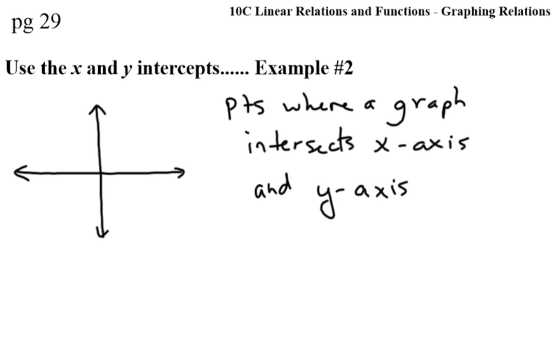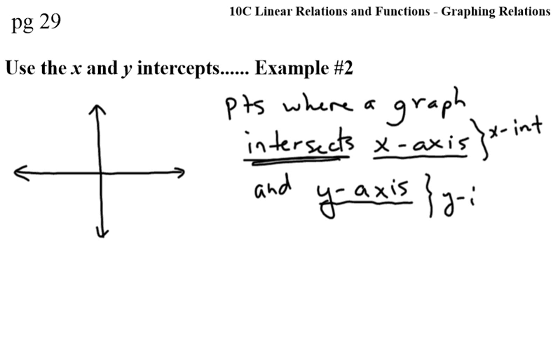That's what intercepts are. Where do we intersect the x-axis? That would be the x-intercept. Where do we intersect the y-axis? That would be the y-intercept. So if I had some graph on here, a linear function I created, there's your x-intercept, because that's where we hit the x-axis.